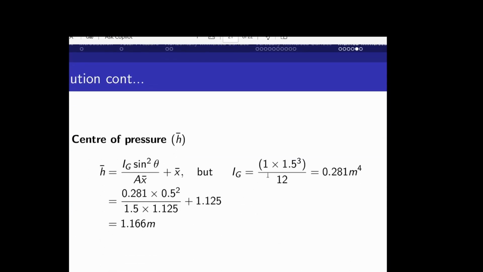In our case, one of the sides is 1 and the other side is 1.5, cubed, over 12. So 1 times 1.5 cubed over 12 will be equal to 0.281 meter to the power 4. Then substitute this into this formula and you end up with 1.166.